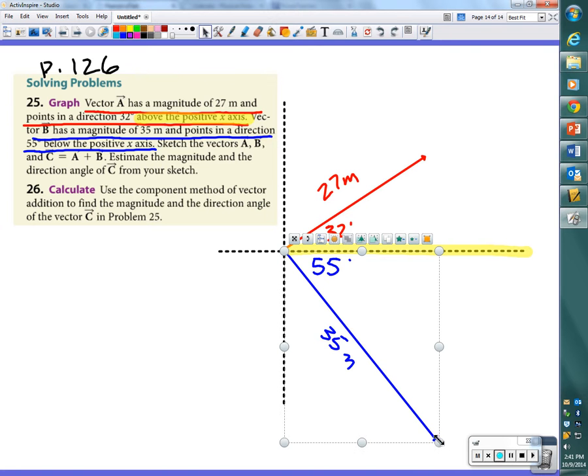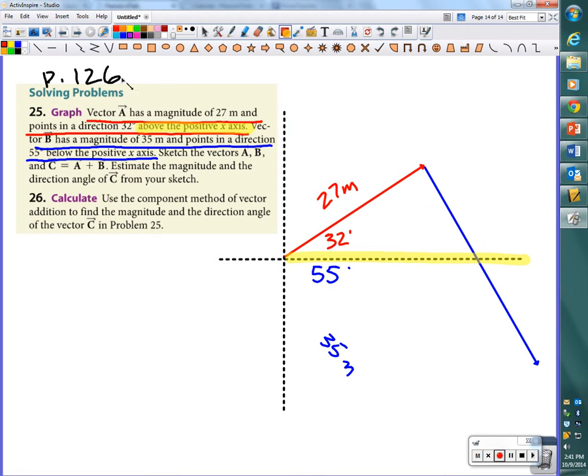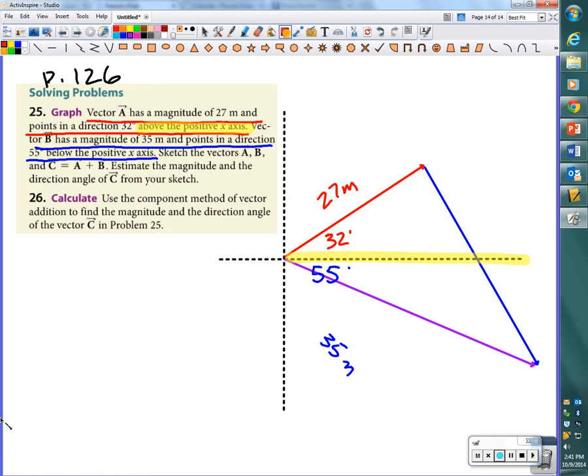So, I'm going to dip a little bit more like that, and then I'm going to take it and put it down. Okay? Good? And then there's my resultant.